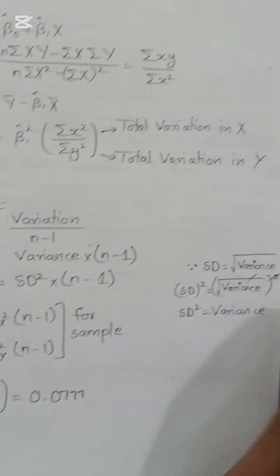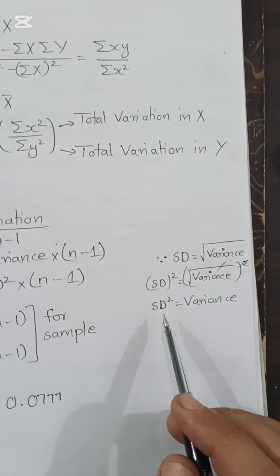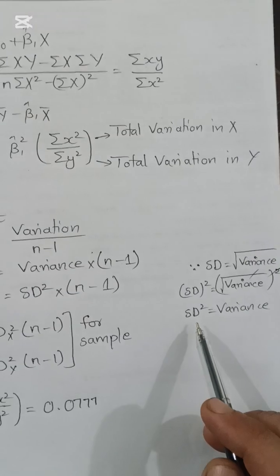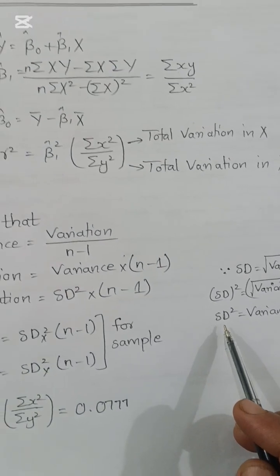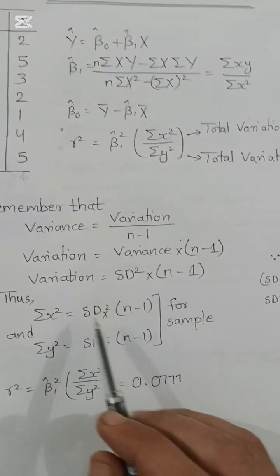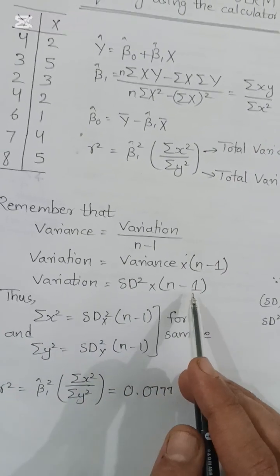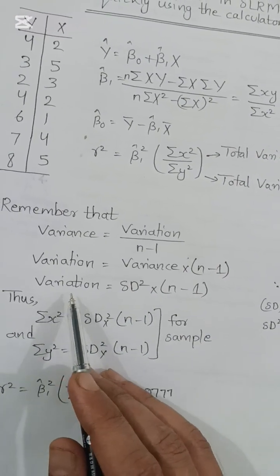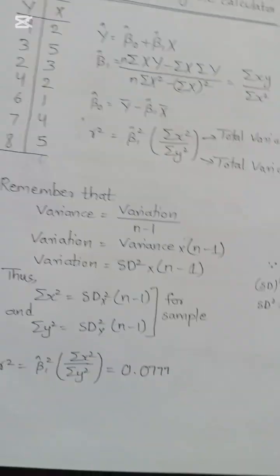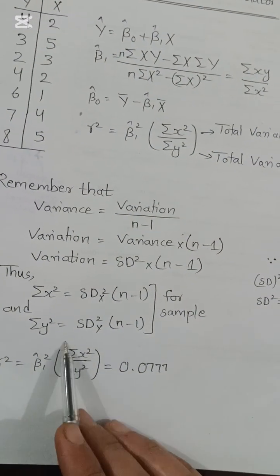I have proved it here. So now when we multiply the square of standard deviation by n minus 1, we get the answer for variation. We get the same thing for x variable and for y variable.